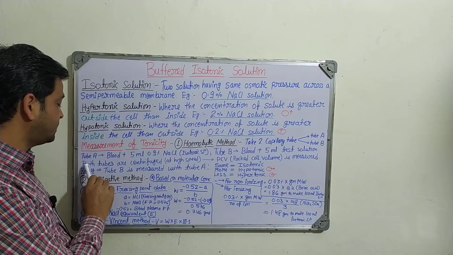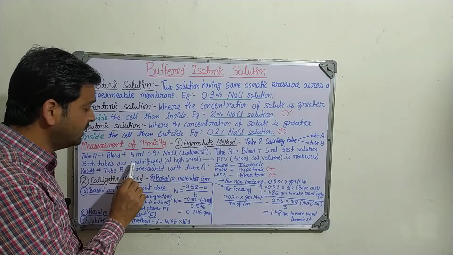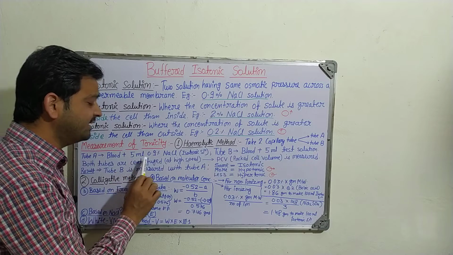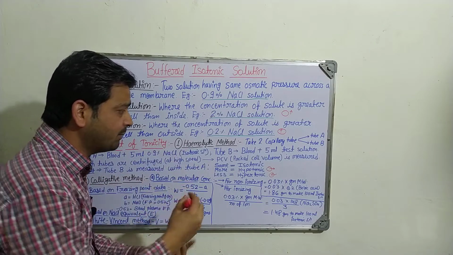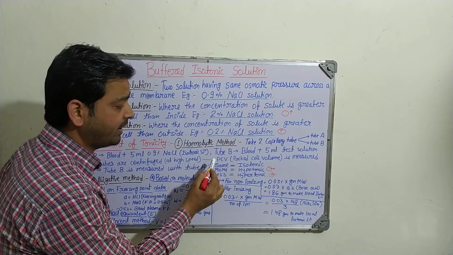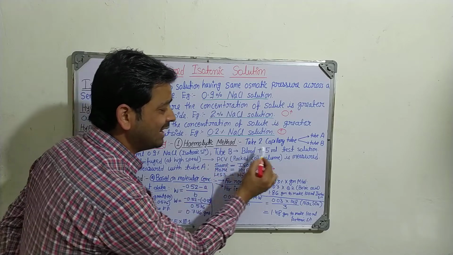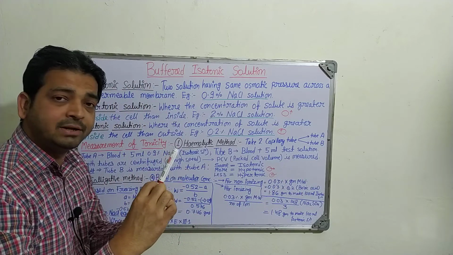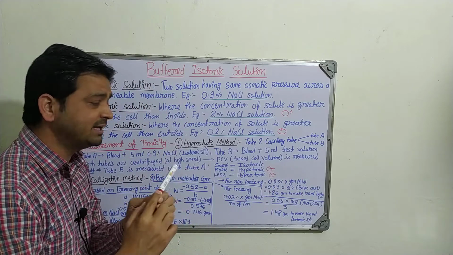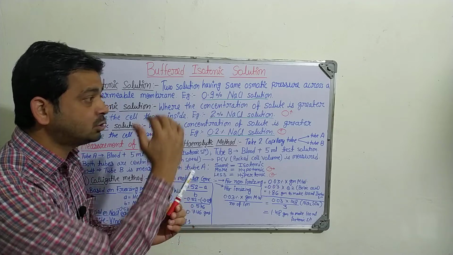Both tubes are subjected to centrifugation at high speed, right? Once they rotate at high speed, we find the PCV, the packed cell volume, which is measured, right? It depends on the tonicity.